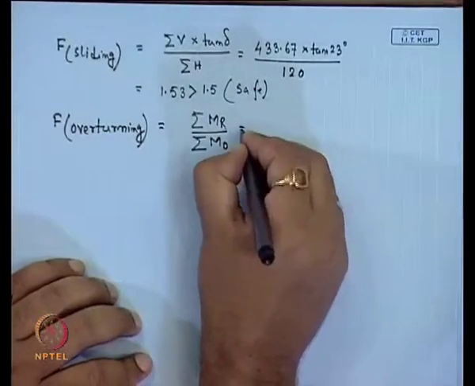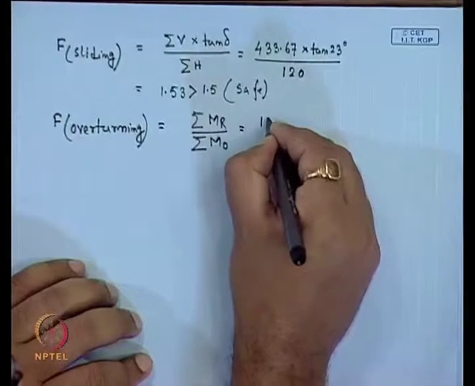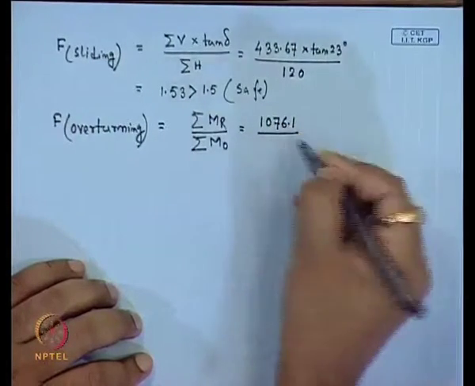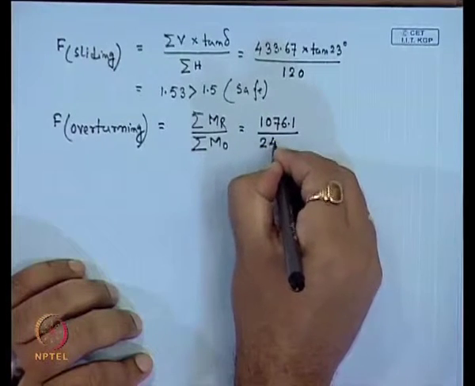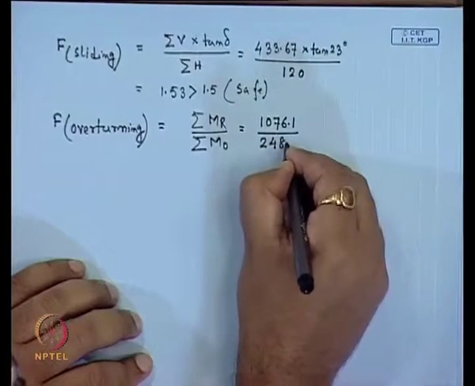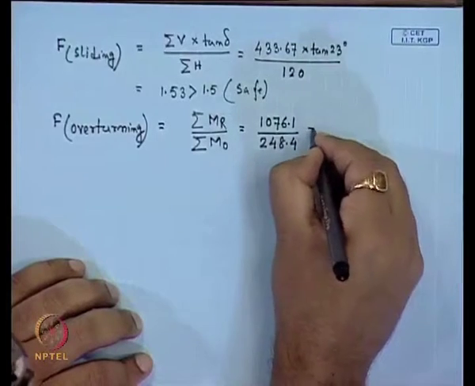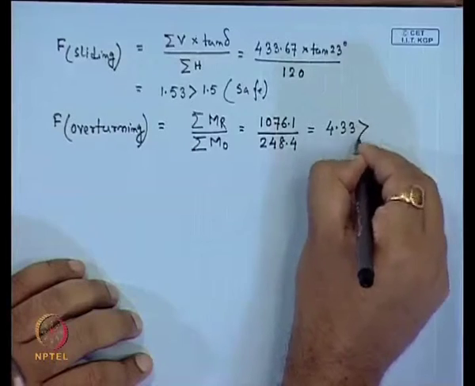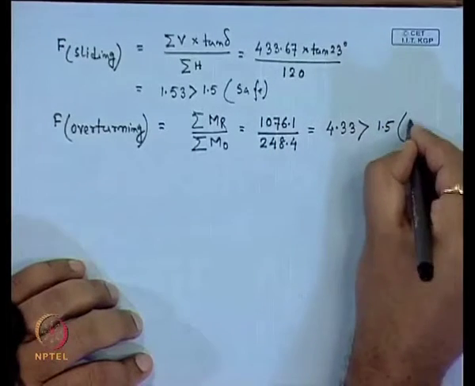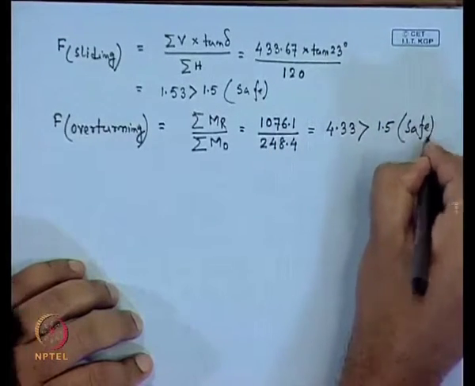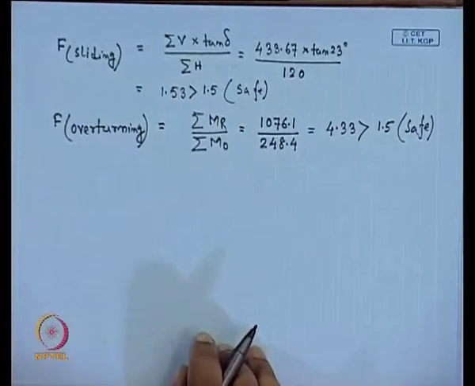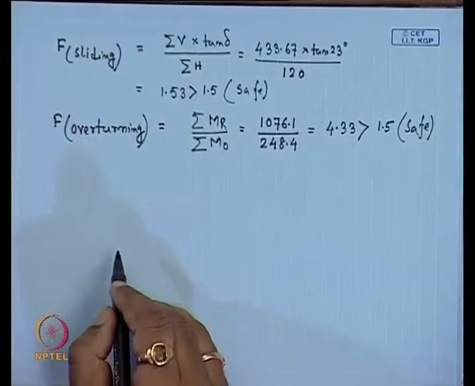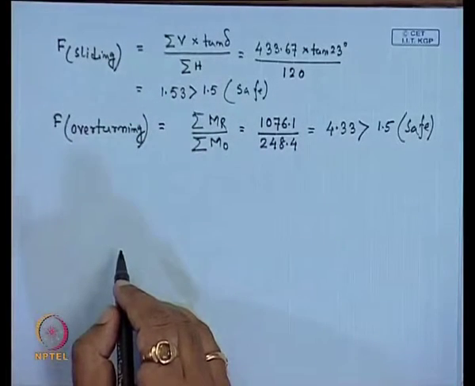So the summation of all resistive moment is 1076.1 divided by 248.4. That will give us 4.33, which is greater than 1.5. So that means it is safe. The first two checks we have done, and it is safe against sliding and overturning.